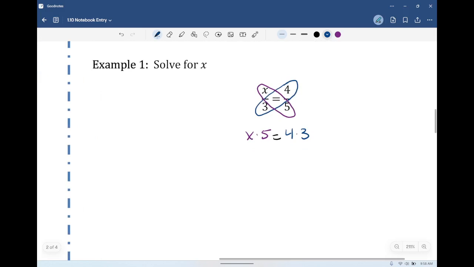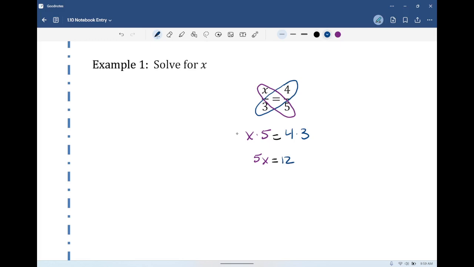All right, well, raise your hand. X times 5, I'm really going to rewrite that as what, Carol? 5x. Thank you for raising your hand. And everybody, 4 times 3 is? 12. There it is.